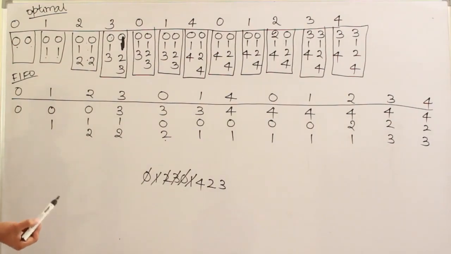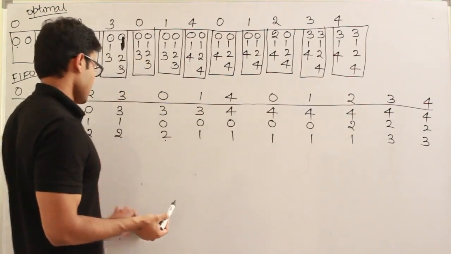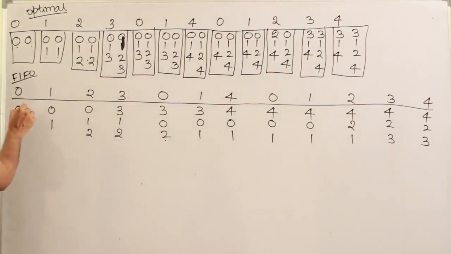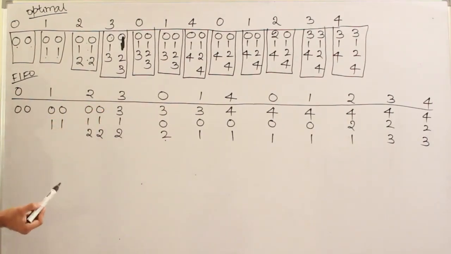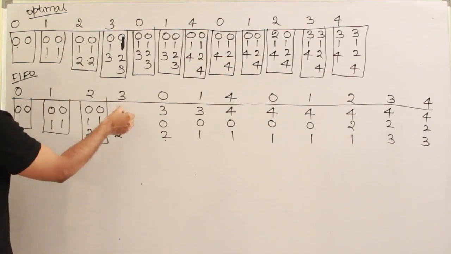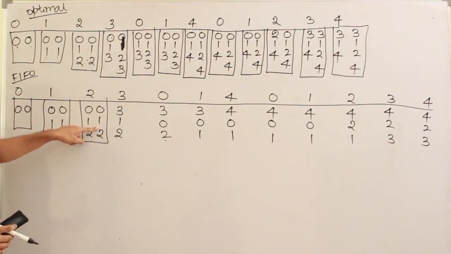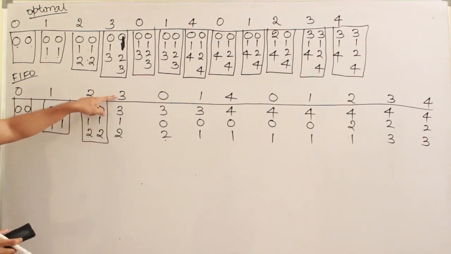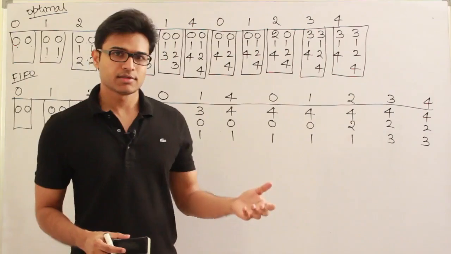Now let me examine the state of the memory when I have 4 frames. Initially when 0 is referred, it will be 0, when 1 is referred, 0 1, and when 2 is referred, 0 1 2. But when 3 is referred, I need not go for any page replacement because I still have an empty frame, since it is using 4 frames.